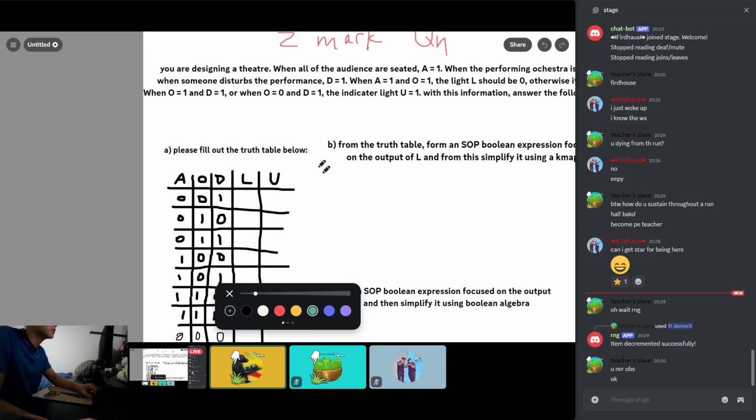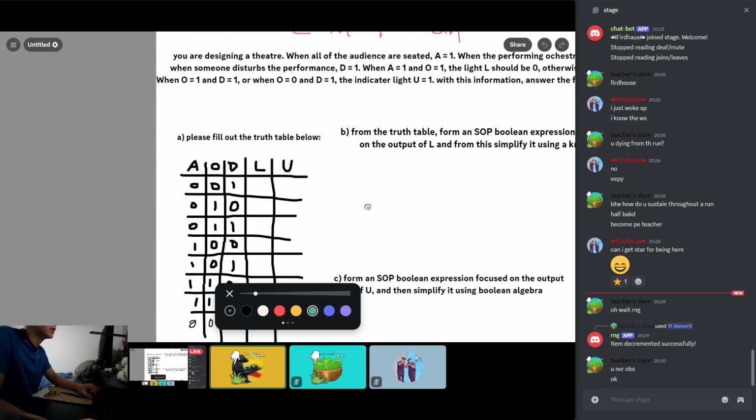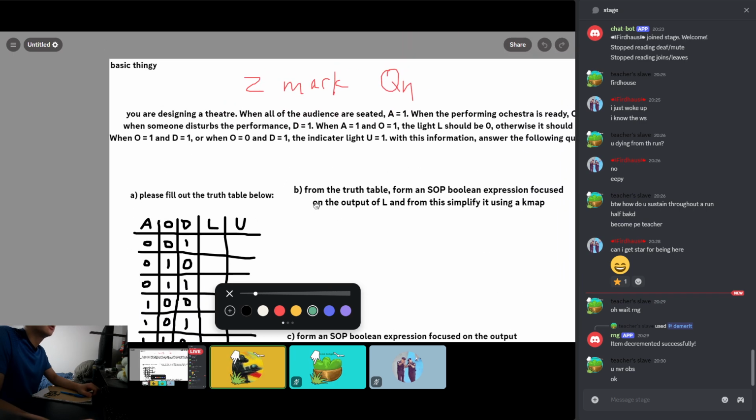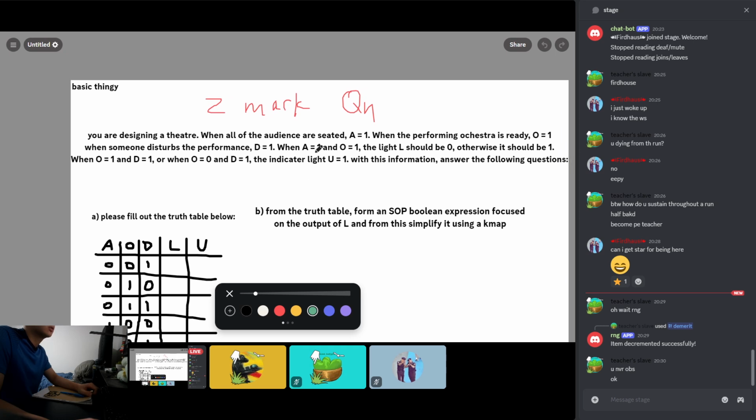The first question is to fill out this truth table based on the information. Let's do L first. When A is 1 and O is 1, L should be 0. Any other case of A and O, it will be 1.